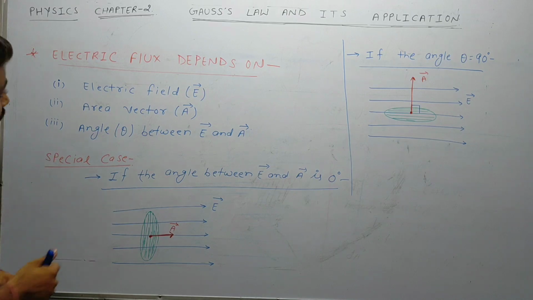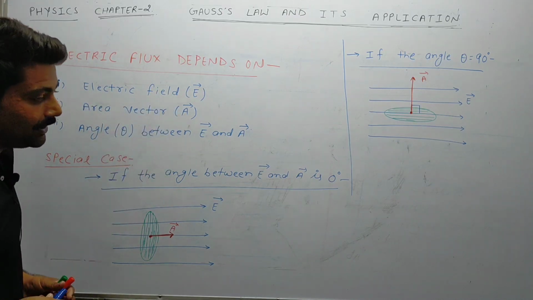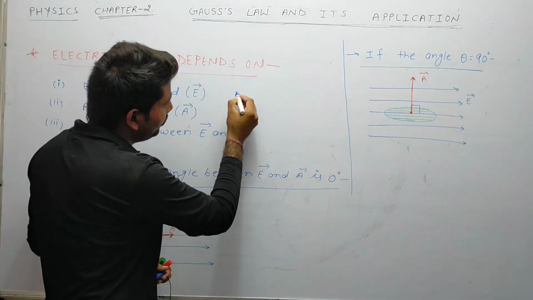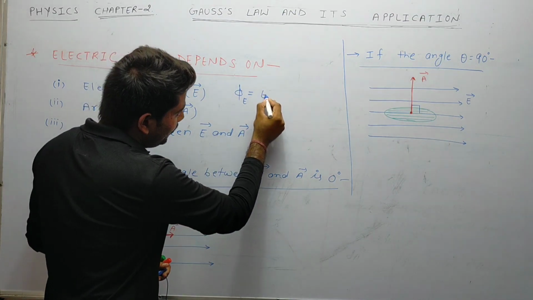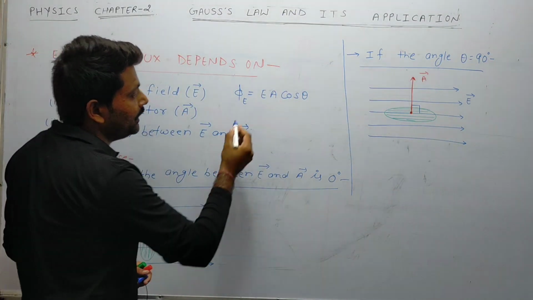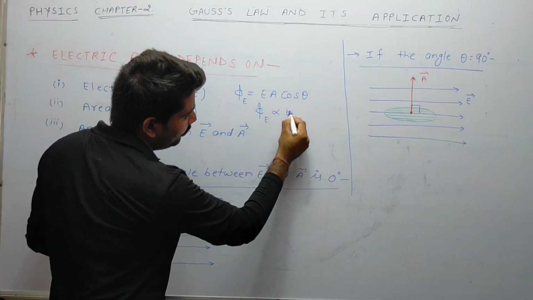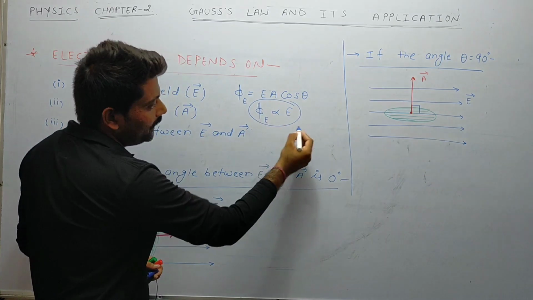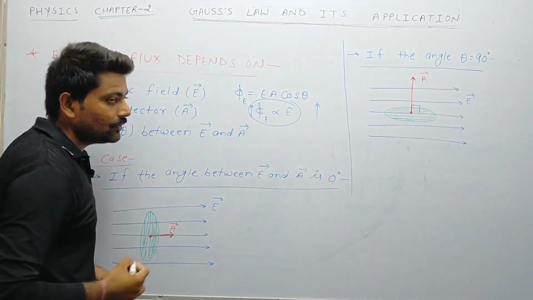First of all, we will talk about how the electric field can affect electric flux. From the formula, we can see phi E is equal to EA cos theta. It means electric flux is directly proportional to electric field. If the electric field increases, the electric flux also increases.